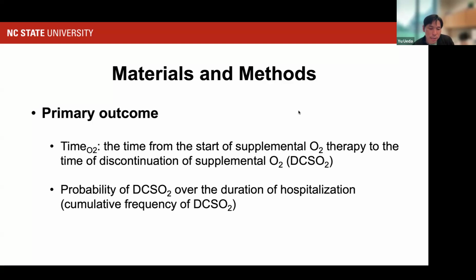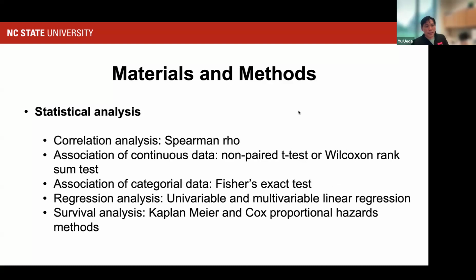The primary outcome also includes the probability of successful discontinuation of the supplemental oxygen over the duration of the hospitalization. So that's a cumulative frequency of the discontinuation of the supplemental oxygen. The statistical analysis includes correlation analysis using Spearman rho analysis. For the association study, they used the non-paired t-test, Wilcoxon rank-sum test, and the Fisher's exact test, depending on continuous or categorical variables.